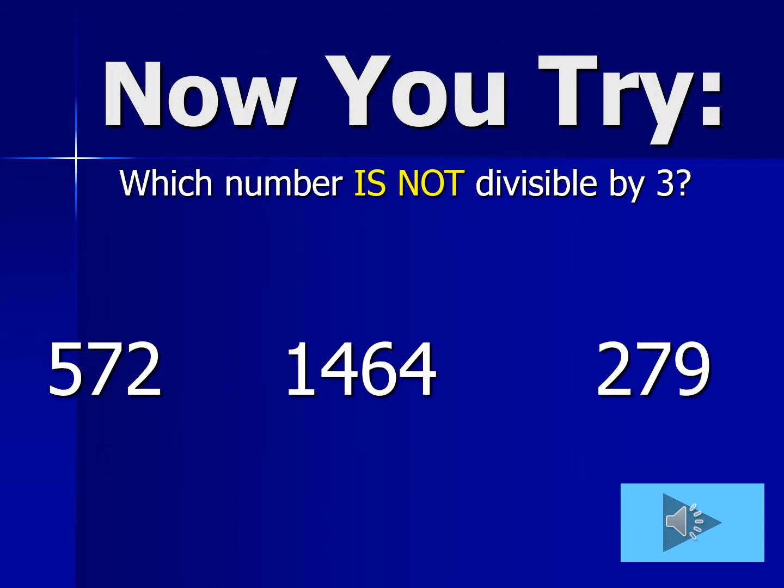Now let's try these three numbers: 572, 1464 and 279. Out of these numbers, which is not divisible by 3? So here 572 is not divisible by 3 because if you add 5 plus 7 plus 2 you get 14, and 14 is not divisible by 3, so we can say 572 is also not divisible by 3.